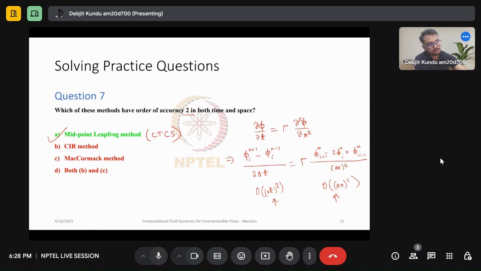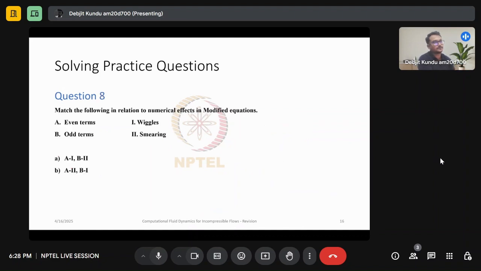Alright, moving on. We'll move on to question number 8, which is asking us to match the following in relation to numerical effects in modified equations. So, even terms and odd terms are the two options in the left hand column A, B, and in the right hand column we have wiggles and smearing, 1 and 2.